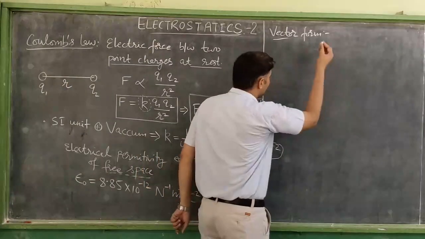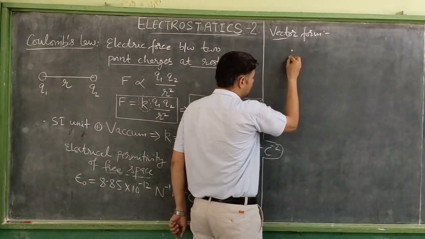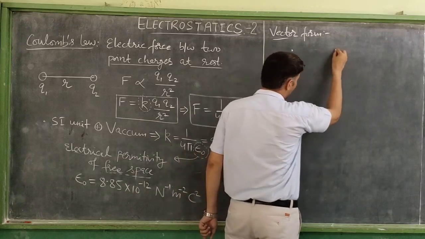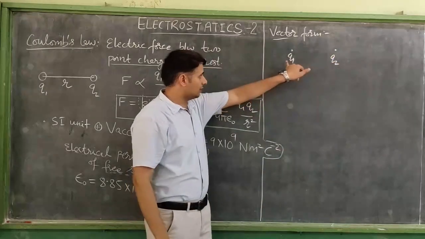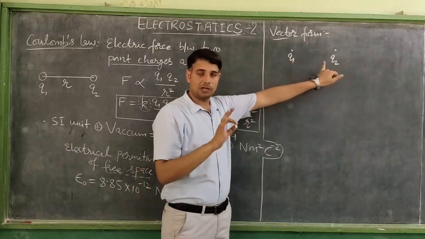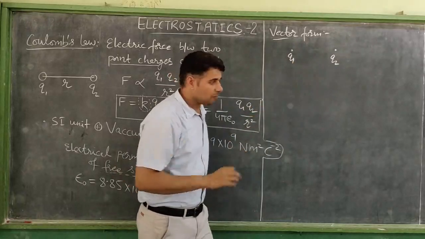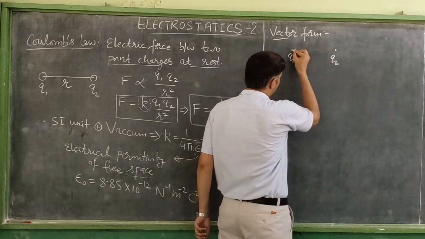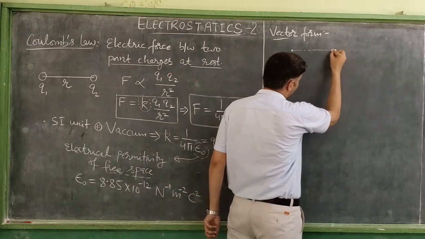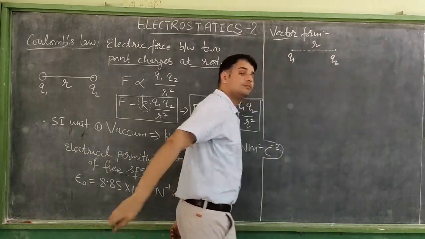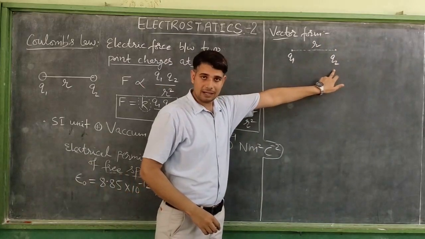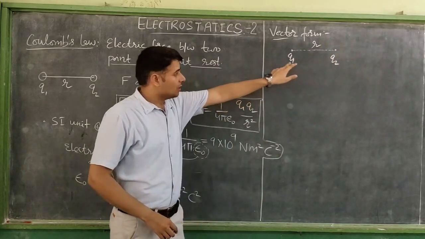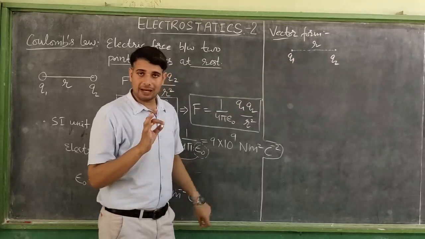For that I have taken the point charges as Q1 and Q2. For simplicity, these 2 point charges are both positive, and they are separated by a certain separation small r. Since both point charges are positive, they are going to repel each other.